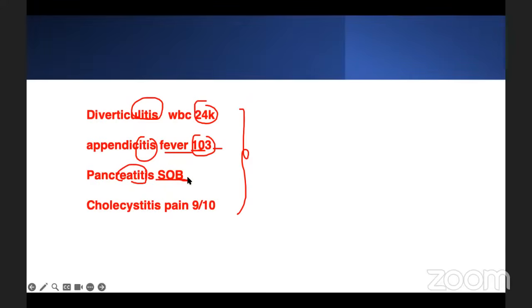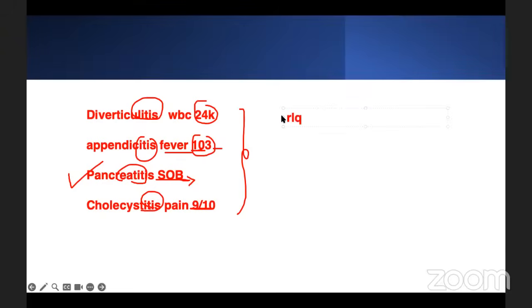Pancreatitis, I don't expect you to have what? Shortness of breath. It's because we have given you too much fluid. Now you're having a respiratory problem. It's unrelated to your pancreatitis. Cholecystectomy, I expect you to have pain. So you should see that guy.